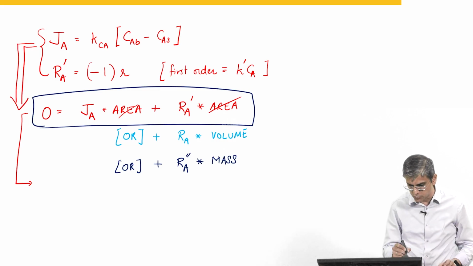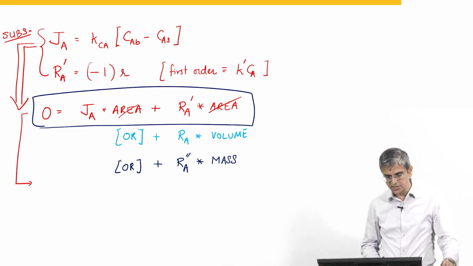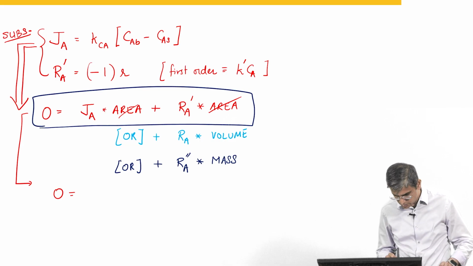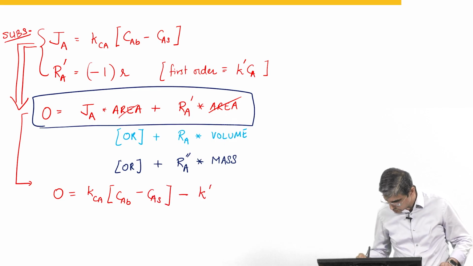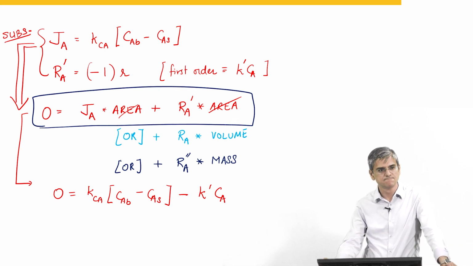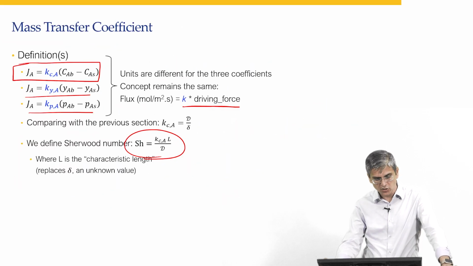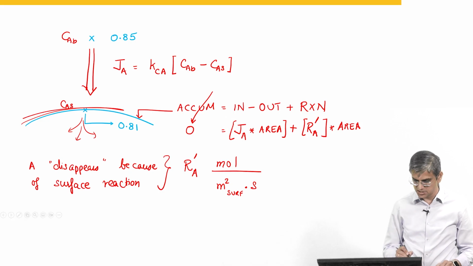If we were to substitute these, you will get 0 equal to, with Ca where? Ca at the surface. Why? Because the reaction is not taking place over here, the reaction is taking place on the surface itself.